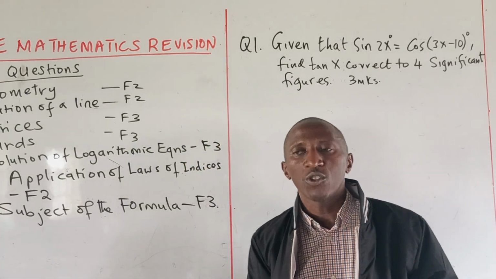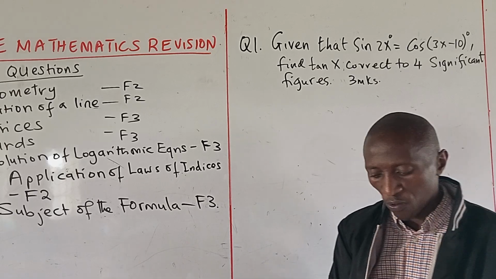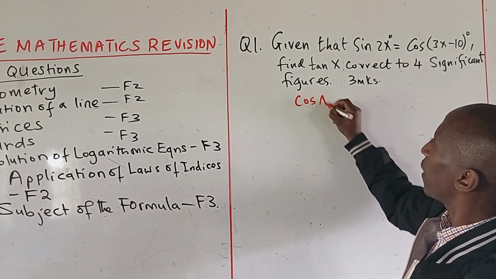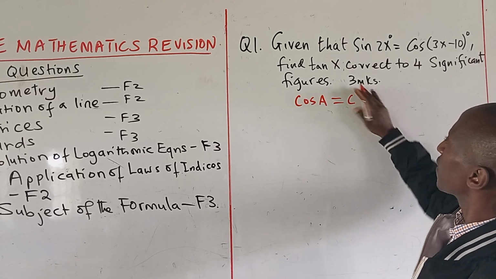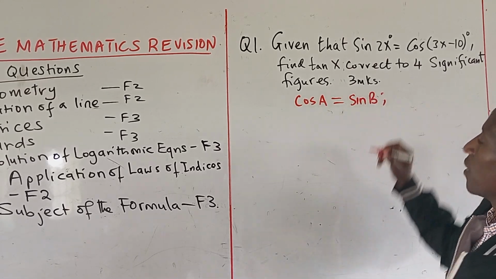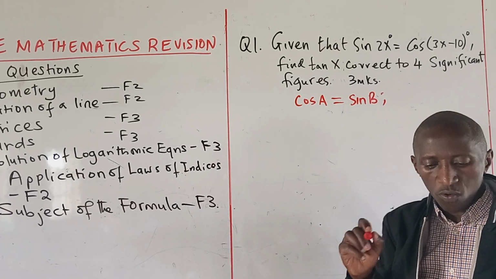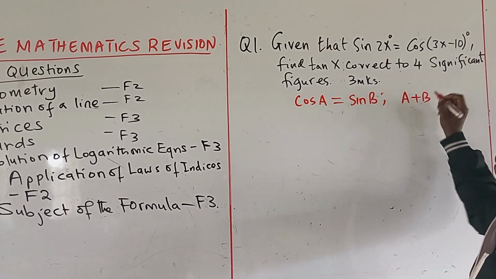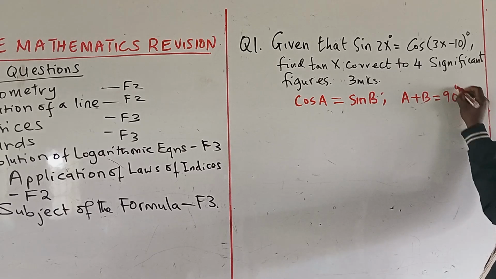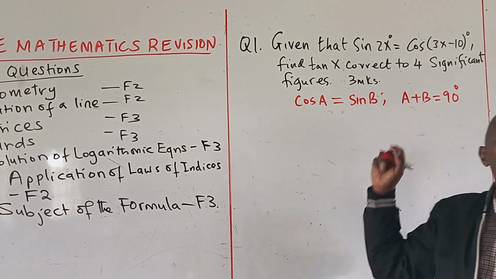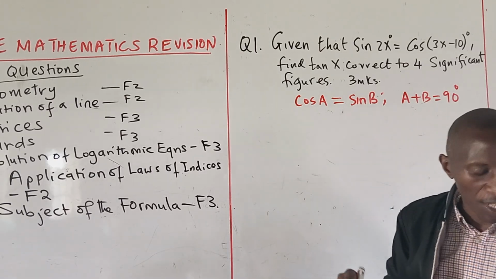A learner is supposed to recall a Form 2 concept that says when we have cos A being equal to sine B, then the angle A plus B should be equal to 90 degrees. Indeed, those angles are complementary.